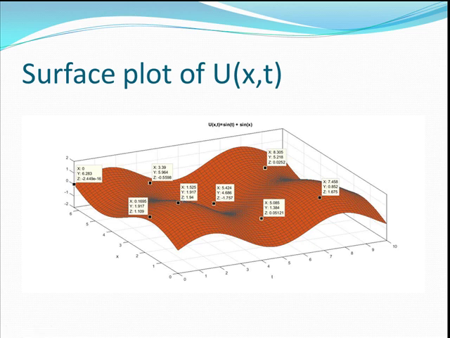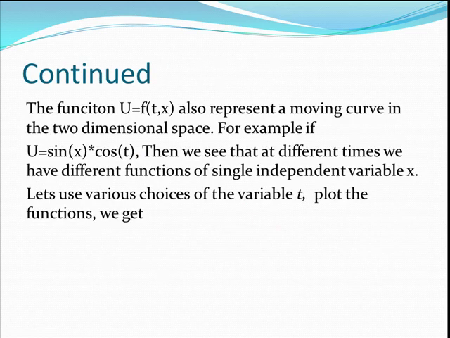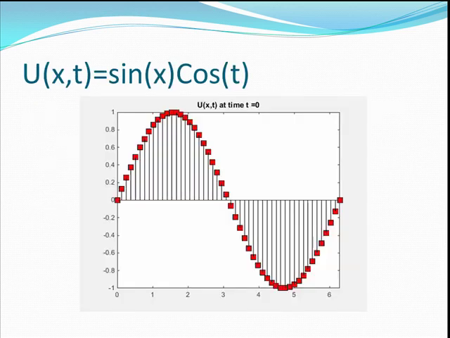Now a function of two variables, u is equal to f of t, x, also represents a moving curve in two dimensions. For example, consider the function u is equal to sine x into cos t. Then we see that at time t is equal to 0, the function is u is equal to sine x.